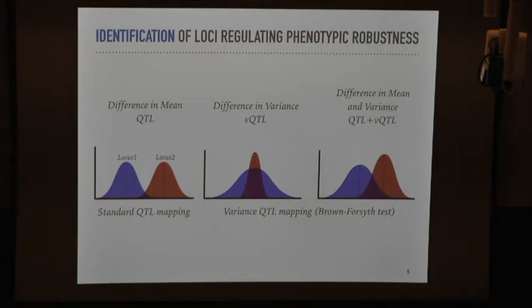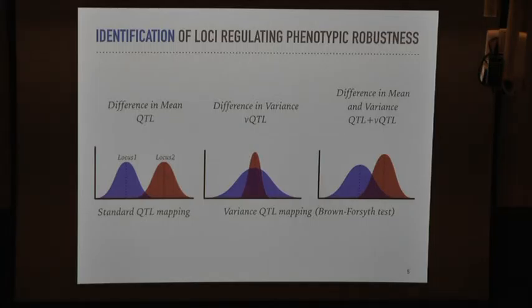So there is a directionality in which the variance is leading. If you now do QTL mapping, you can do it for all three kinds of markers: markers which only affect the mean, markers which only affect the variance, and markers which affect both the mean and the variance.